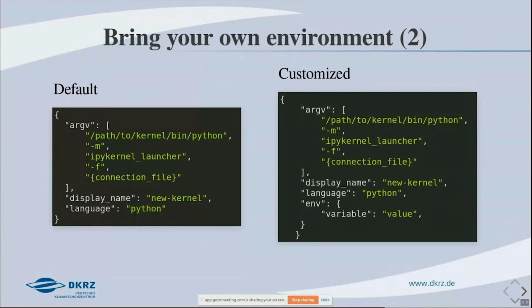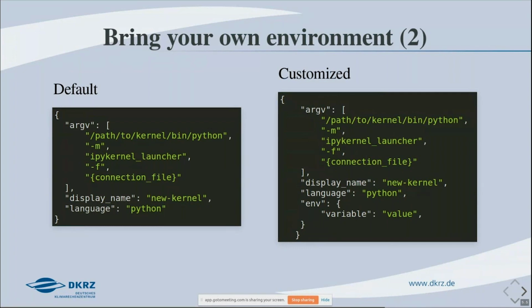Also for the configuration, let's say that you need additional executables. You created a Python environment and it's working fine as a kernel, but sometimes you need some external libraries outside your kernel. In this case, it's possible to customize your newly installed kernel by extending the kernel specification file. This file is generated when you install the kernel, generally in local share Jupyter.